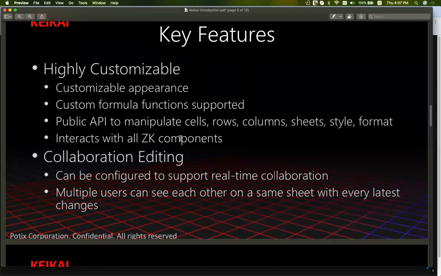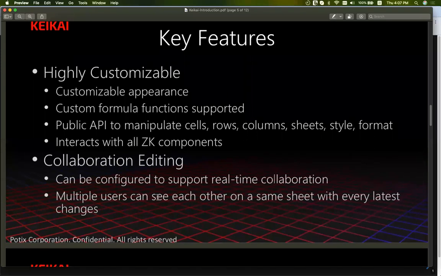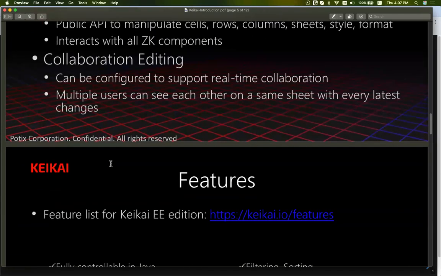If you're using ZK, it can also easily interact with all the ZK components. It also supports collaborative edit mode. With a little setup code, multiple people can see each other on the same sheet, edit in the same sheet, and everyone can see the current changes. That's what we call collaborative edit.